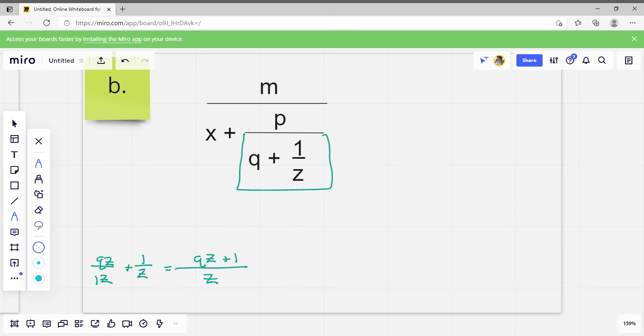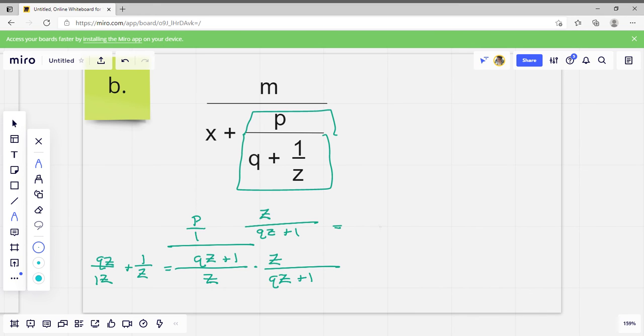Alright, now I'm going to put this P over top, and I'll change it to P over 1. Now I have to flip this. Same thing on this side, Z over QZ plus 1.